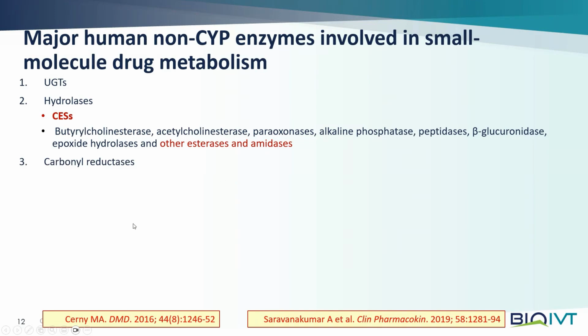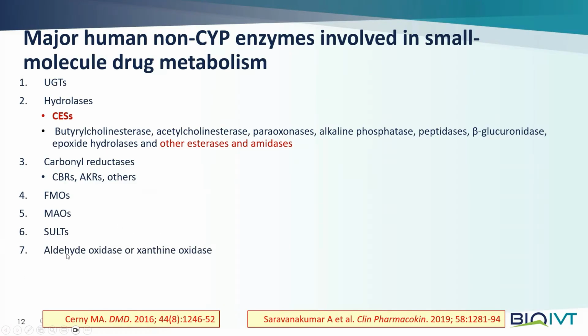And then going into carbonyl reductases, this can include not only microsomal, but also insoluble cytosolic carbonyl reductases. And there are some others that are called short chain dehydrogenases, aldehyde among others, as well as moving on to the FMOs, monoamine oxidases, sulfotransferases, and xanthine or aldehyde oxidase.